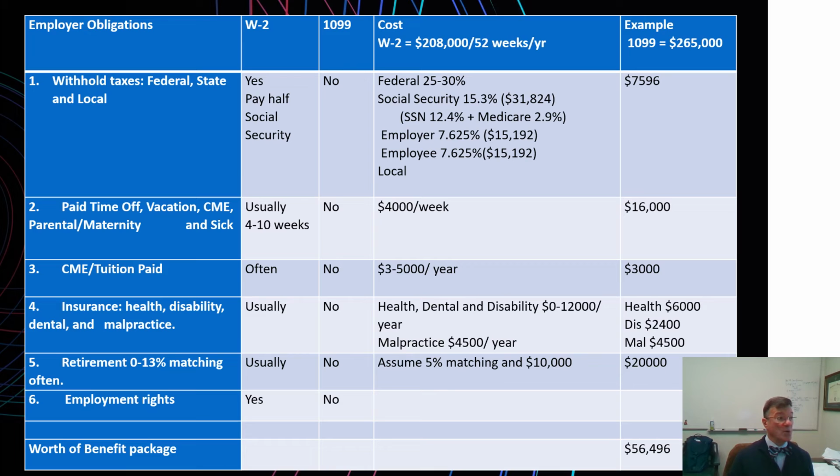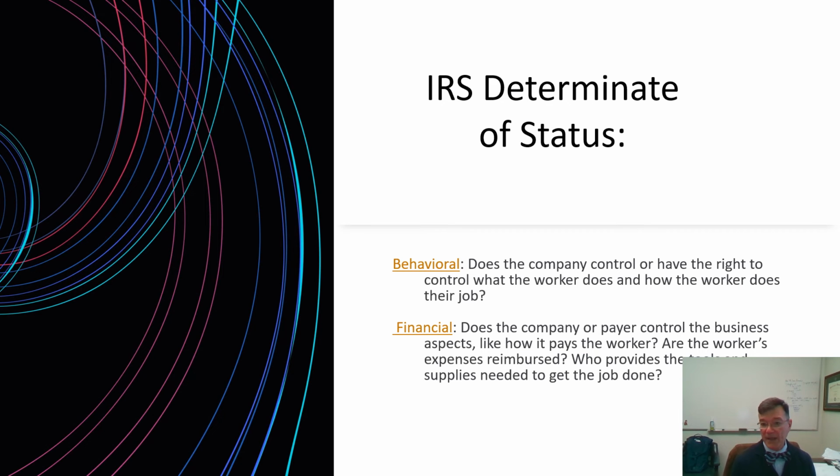And then I'll have one more slide here for you. As in many things, the devil is always in the detail. You may be hired as a 1099, but the IRS could come in and determine that you're really not a 1099, you're a W-2 employee. And how does the IRS make those sorts of determinations?